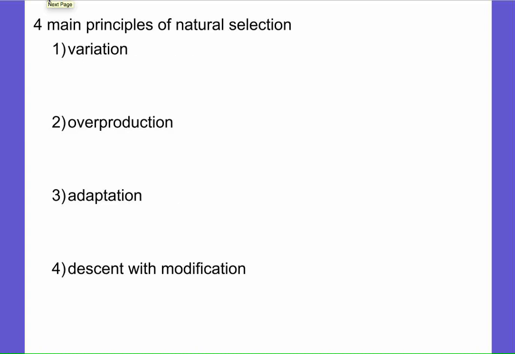So that's where we come into these four main principles of natural selection. He determined that these four things have to be happening in order for a species to evolve, in order for it to change. Number one, there has to be variation. That should be obvious. You have to have different traits in a population before you can start choosing from those traits.